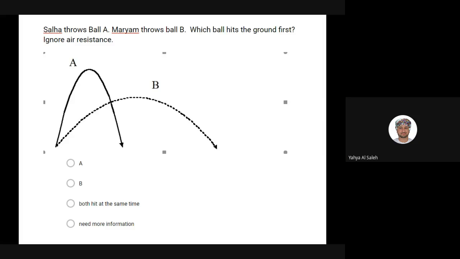Okay. So Salha throws ball A, Mariam throws ball B. Which ball hits the ground first? A. Ball A, ball B. B.